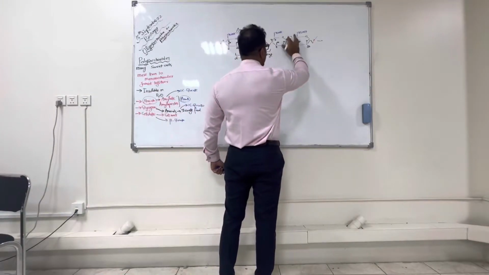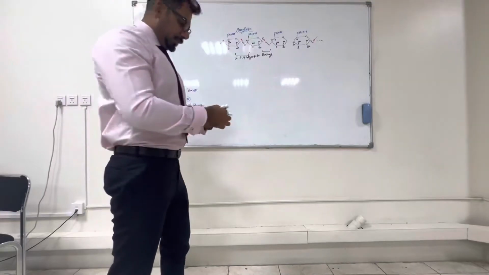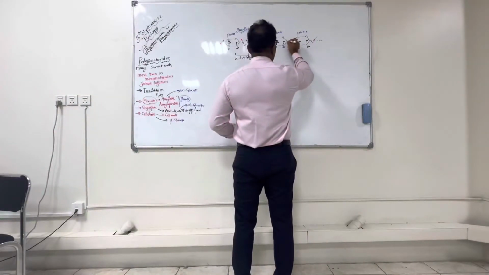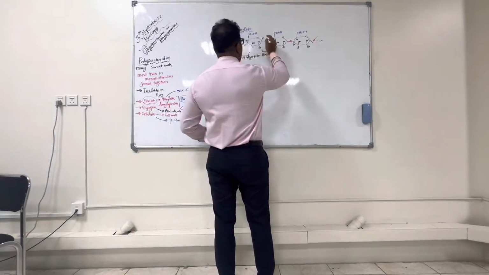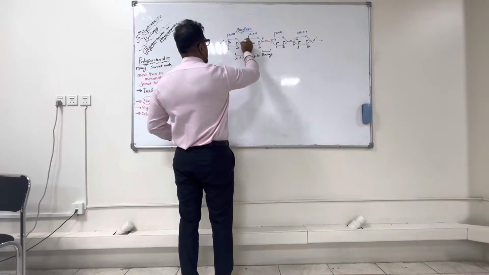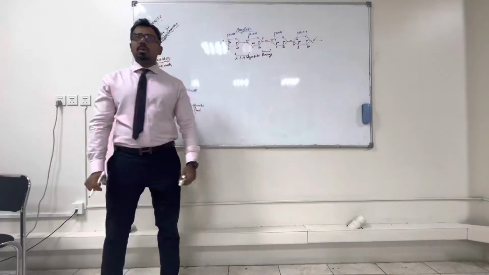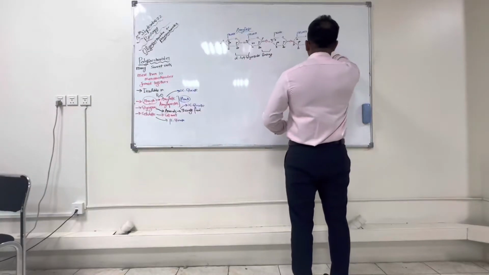This is not V. Let me make it simple for you. Don't make it complicated. It's simple. We learned about this before. Okay, make it simple. Now it's okay? So this is how these are joined together.